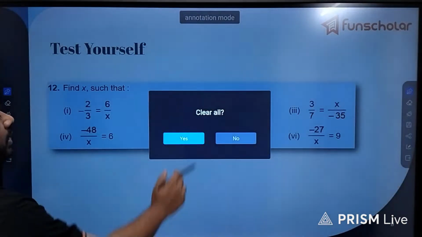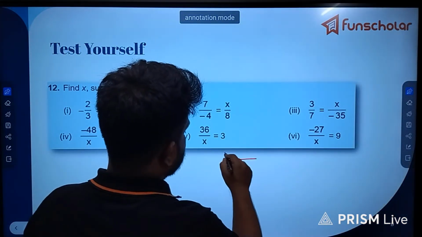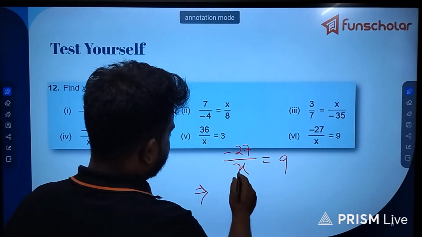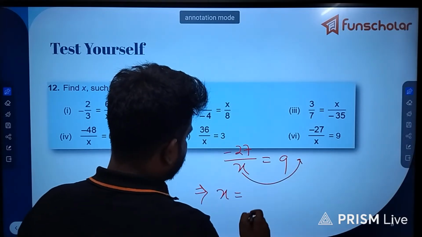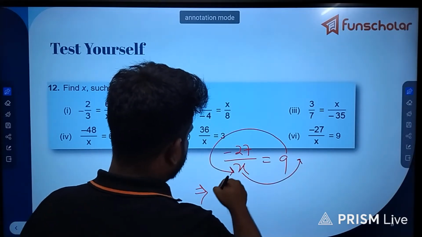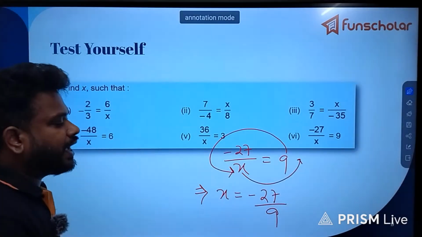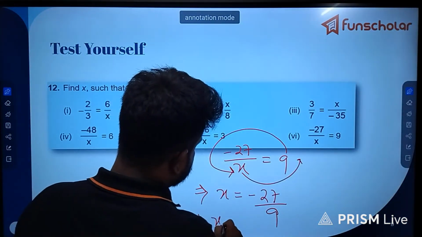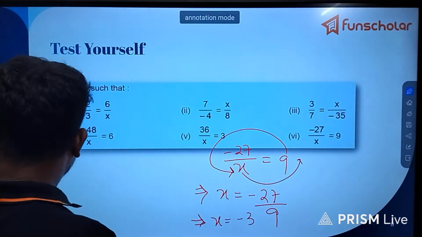The last one, you have to do it like this: minus 27 equals 9x. If we take x from here, it will be x, and taking 9 from here, it will be minus 27 by 9. We can easily write the answer as minus 3. Okay.